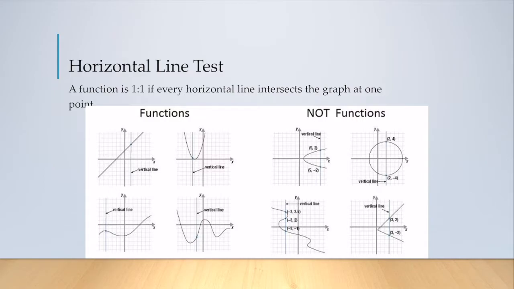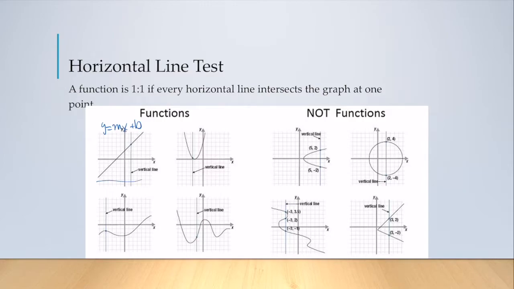A function is one-to-one if every horizontal line intersects the graph at one point. So once I have a function and I've done the vertical line test, I can then check to see if it passes the horizontal line test, which tells me if it's one-to-one. For example, this right here is some line.